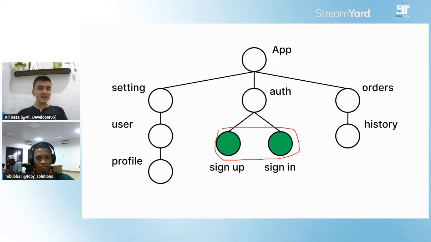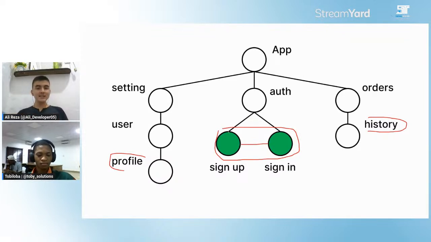When the user is signing in, we have to get some data from the user, like email, password, name, and also the image, so that we can display them on the profile or history. So the problem is that the data is just located in these two components, not the profile and not history. So there's one way, and that way is going to be so. Right now, the data is located in these two components.